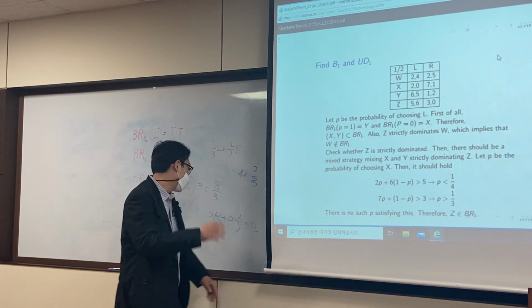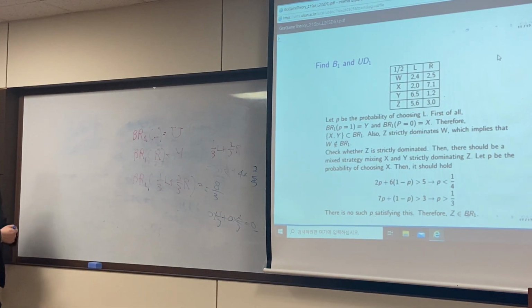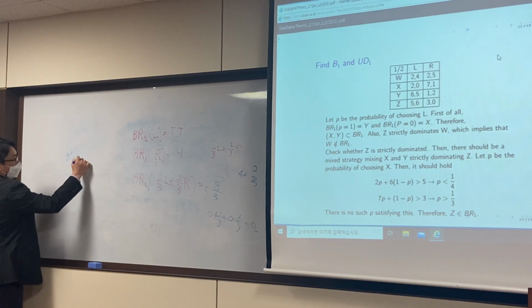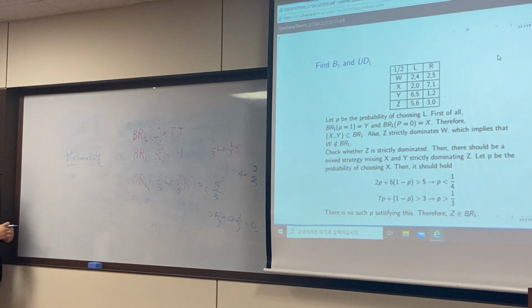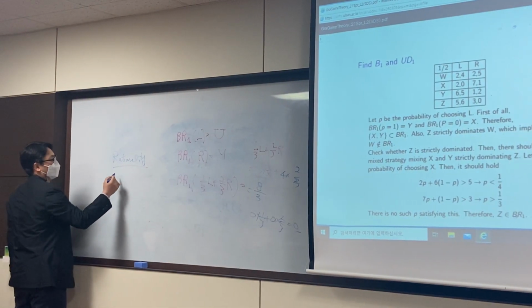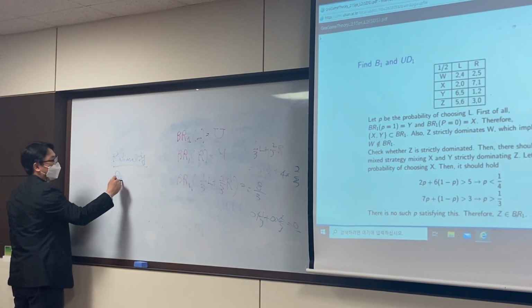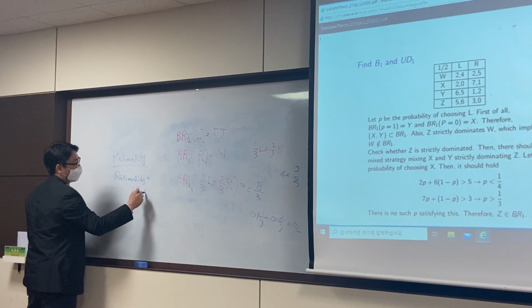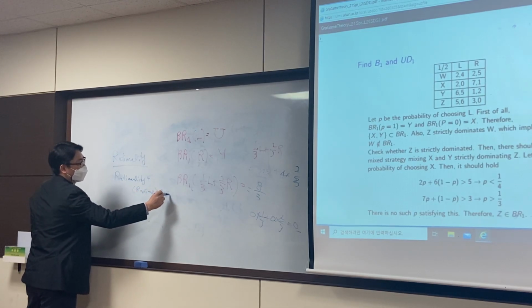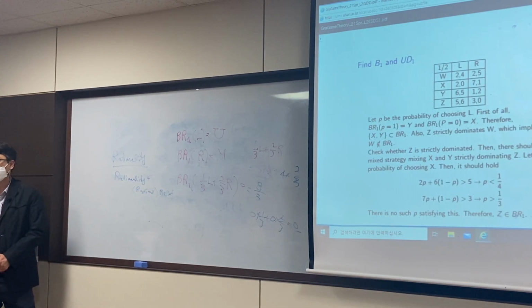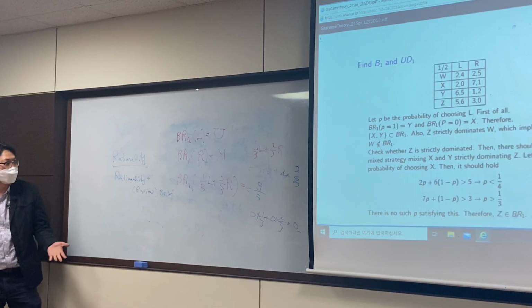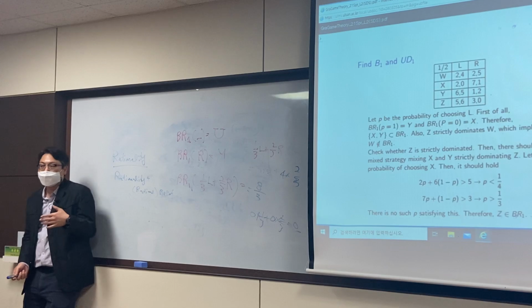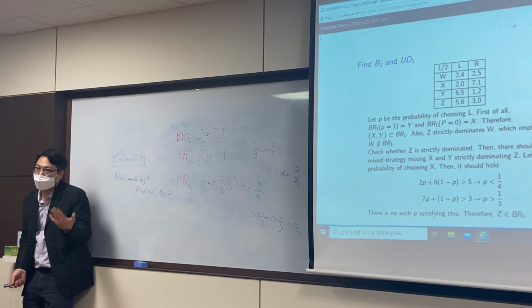For a strictly dominated strategy, what I need is just my rationality. But for the never best response, what I need is rationality and at least a rational belief. Not necessarily a right belief, but at least my belief should be able to be rationalized.